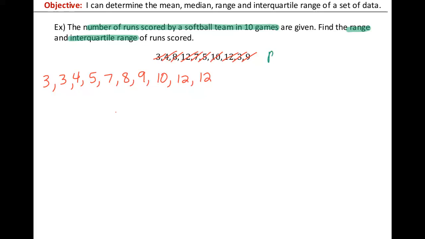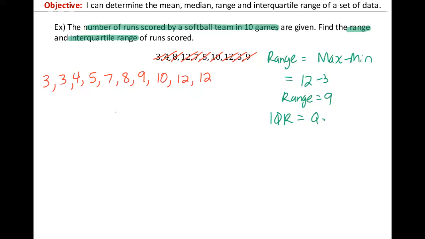So for the range, remember we're doing max minus min? Max minus min gives us 12 minus 3, which is what? 9. Okay. And then to find the IQR, we're going to need Q3 minus Q1.